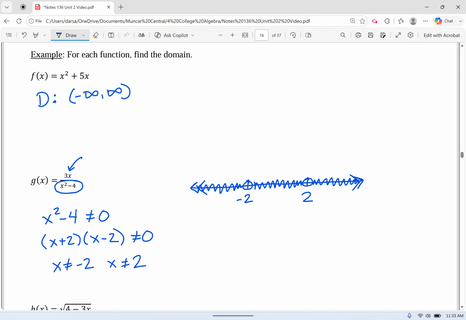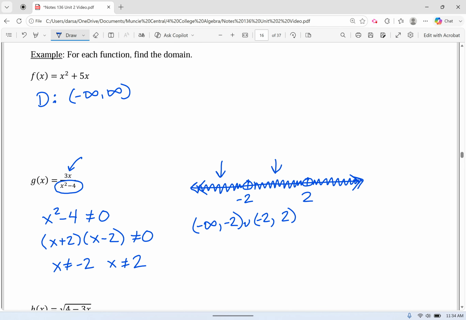If you look at this, we've divided our number line into 3 chunks. This first chunk we would represent with negative infinity to negative 2, because we're going to go all the way up to negative 2 but not include it. So we use negative 2 as kind of the stopper, but we're not going to include it. Then this middle chunk is from negative 2, not included, up to positive 2, not included.